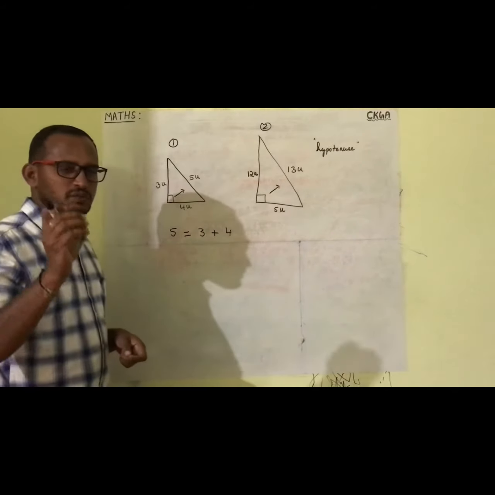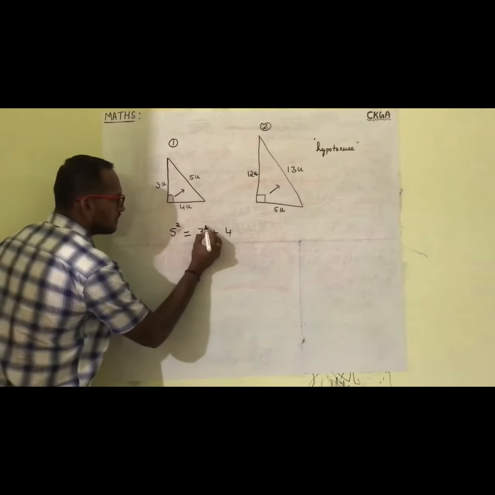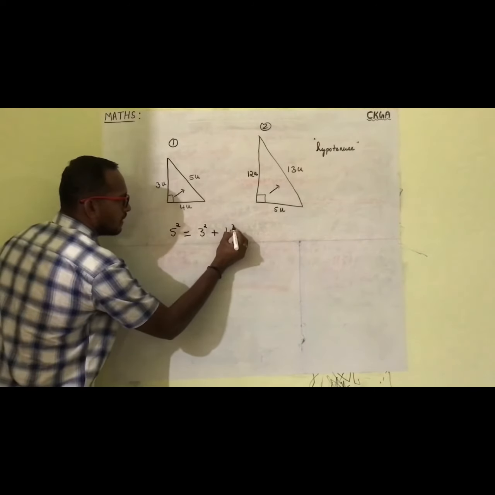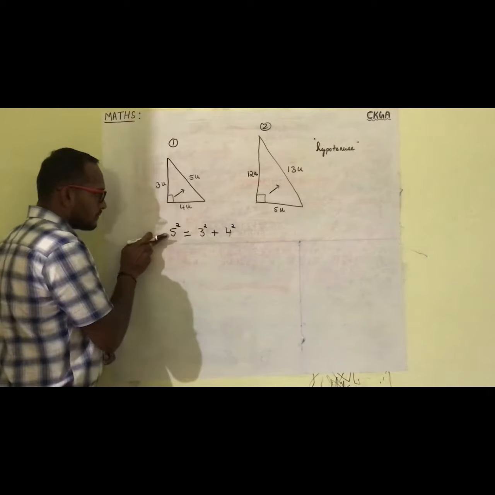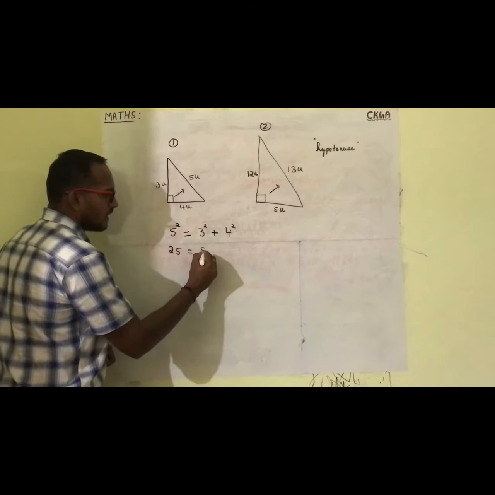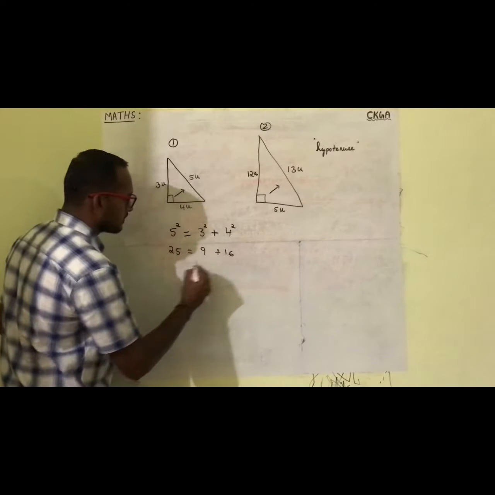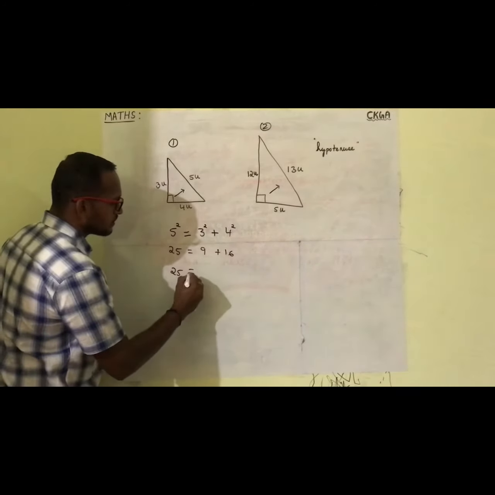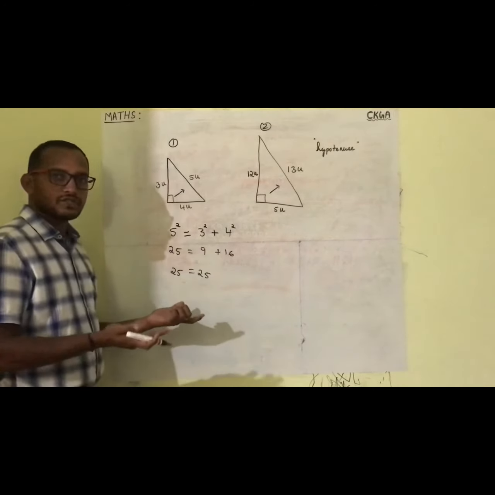Now if I make a small arrangement just like this, watch: 5 square, 3 square and 4 square. There is a surprise. What is the surprise? 5 square is 25, 3 square is 9, and 4 square is 16. 25 is equal to 25. So it's balancing. You can say my equation is working.